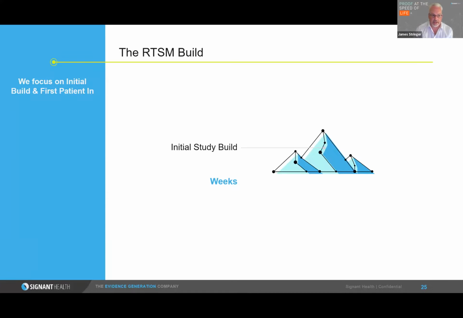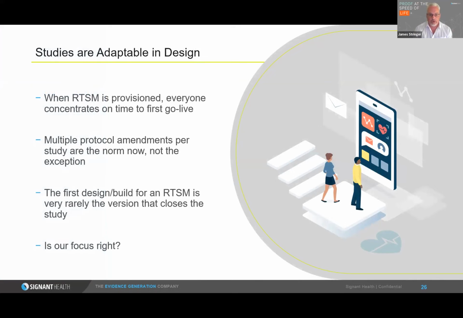So if we go to the next slide, whilst we know that this is how we build up the studies from an RTSM perspective, what's the one thing that we know about studies, especially nowadays in the industry in which we work? We absolutely know that adaptable studies are the way that the industry is going. We absolutely know that the thing that you build to start with for your RTSM to meet the needs of first patient in is never going to be the thing that you finish with. We know that for every study, there's going to be a protocol amendment.